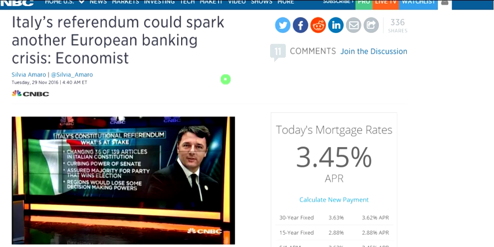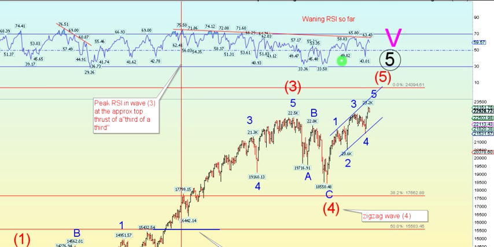So there's going to be some issues in Europe, and likely those issues are going to spill over into our economy, which is probably going to coincide with this 5 of 5 of 5 trend reversal, which is going to take us way down here somewhere, probably to the 2010 lows and maybe lower.